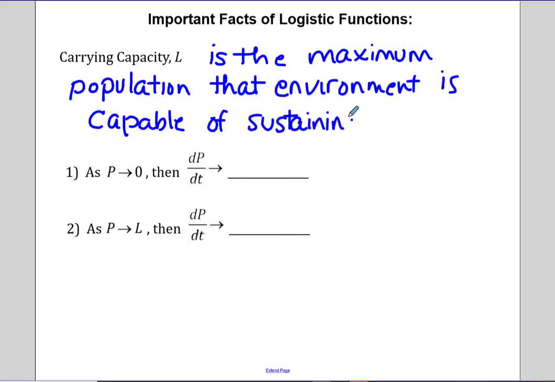So you might have heard of this in biology. So as P goes to 0, then the derivative is going to go to K times P. But as P approaches L, then the derivative, the rate of change of the population, is going to get close to 0. And we'll see that here in a minute.